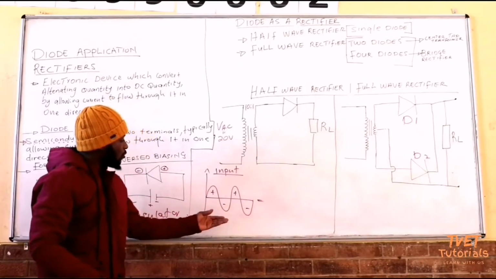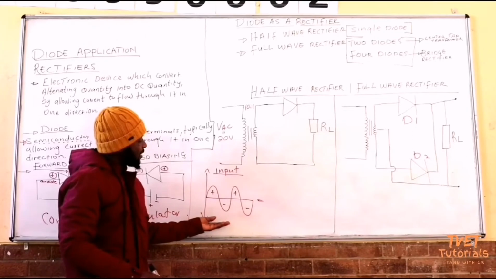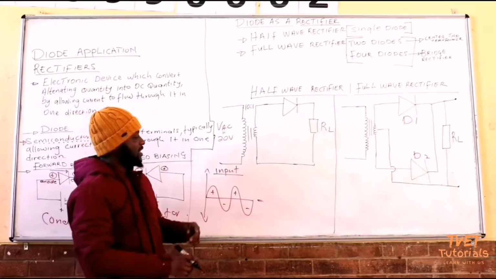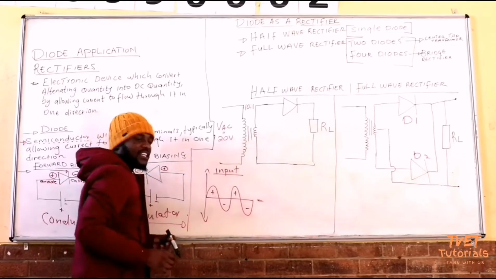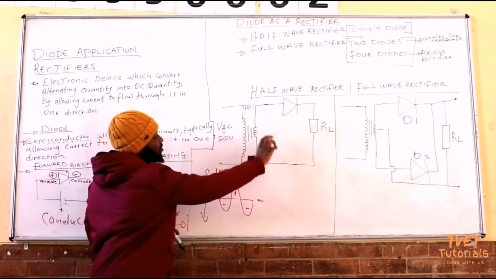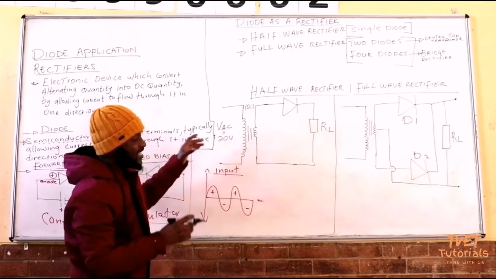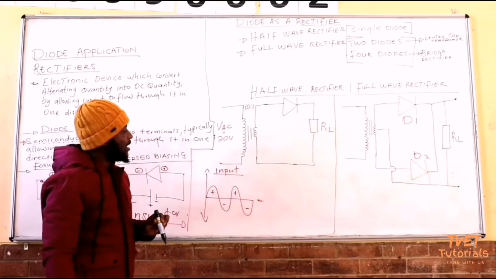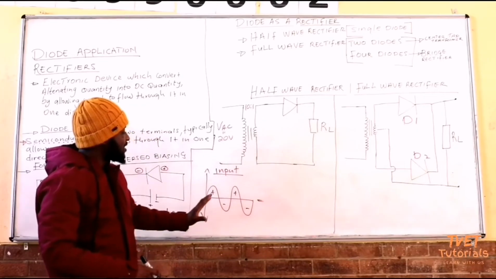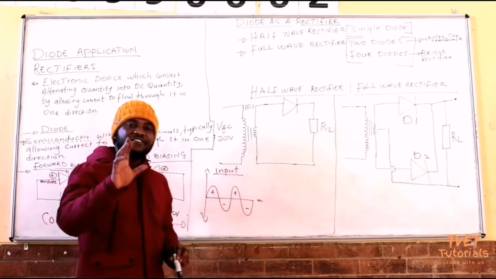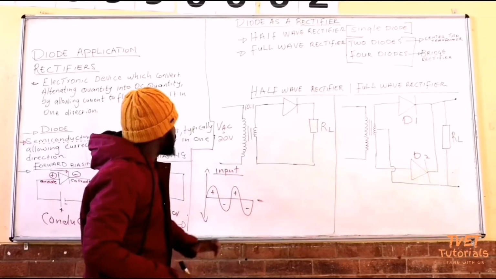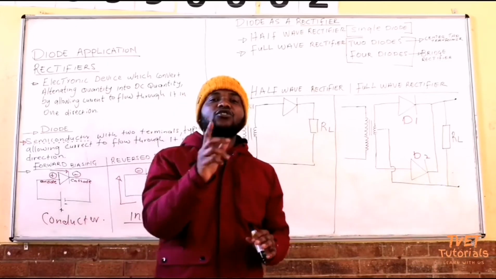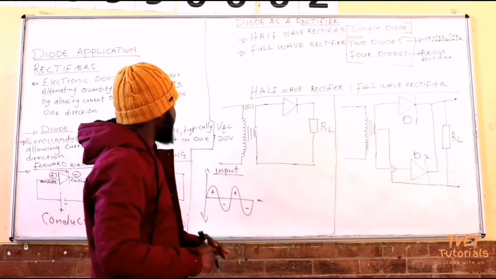What we're going to do is that you are going to step down this value. If it's 12 volts, you are going to step it down, and then now you have a secondary voltage. The voltage that is taken from the secondary winding is then supplied to whatever is connected on the secondary side. So you will then see that it is always very, very important for you to calculate the secondary voltage because your rectifier is connected on the secondary side, right?